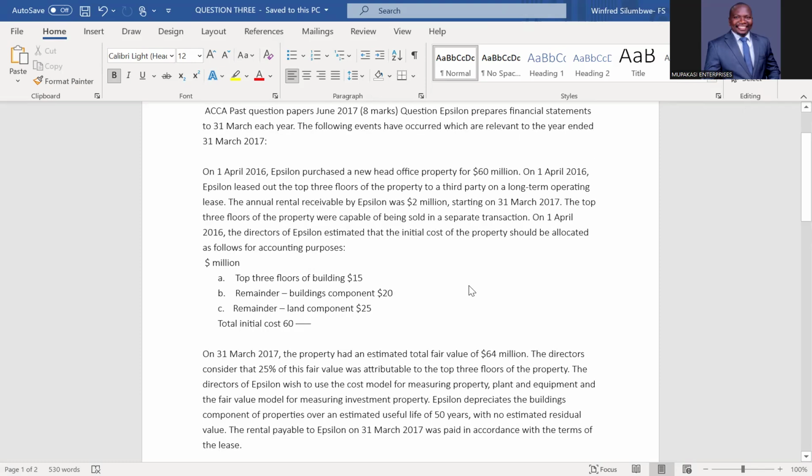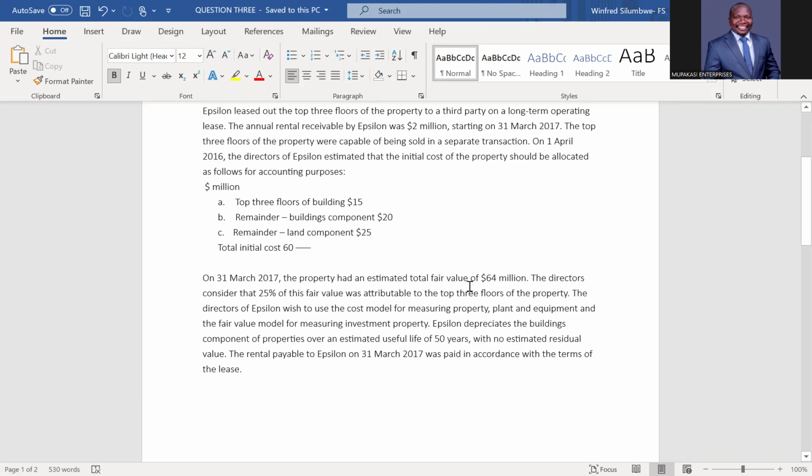On 31st March 2017, the property had an expected total fair value of 64 million. The directors considered that 25% of this fair value was attributable to the top 3 floors of the property.